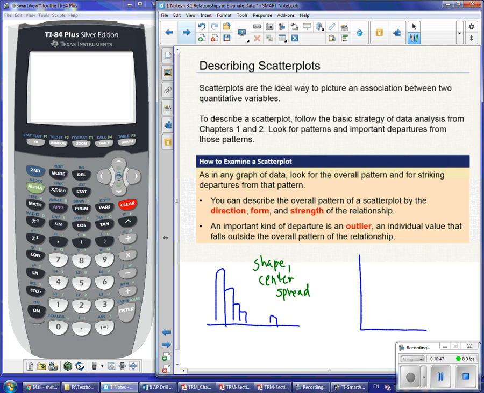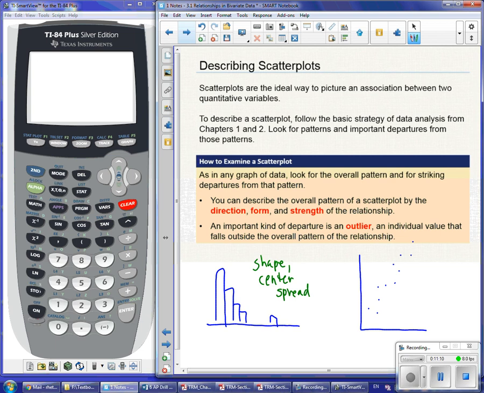And most of our scatter plots are going to be plotted in the first quadrant because when we're dealing with real data, it's almost always going to be positive. So a scatter plot, say, looks like that. So I'm going to be describing instead, I can't really talk about the center of this distribution or the spread or even the shape. We are going to talk about the shape, but we call it something else.